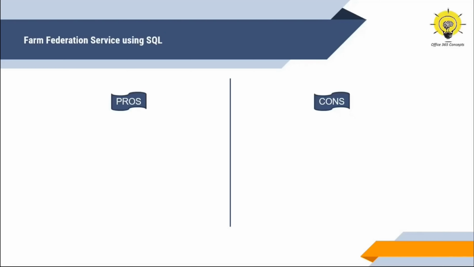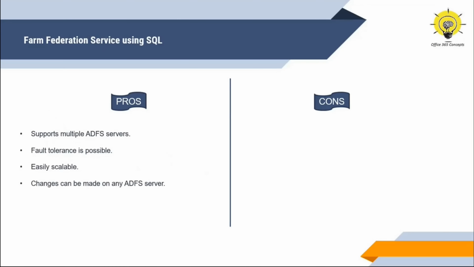If we talk about the advantages of Farm Federation using SQL, this type of deployment supports multiple ADFS servers. Fault tolerance is possible. If one ADFS server goes down, another ADFS server within the farm will take over. This type of deployment is easily scalable and changes can be made on any ADFS server because all ADFS servers hold a read and write copy of the database.